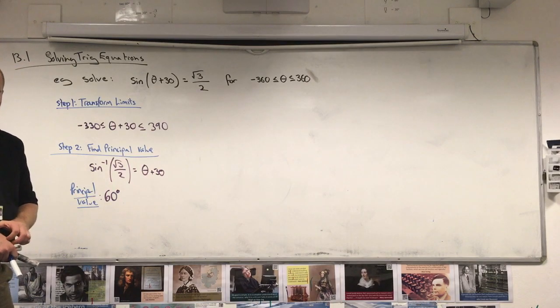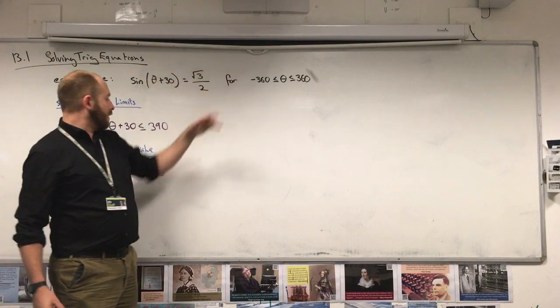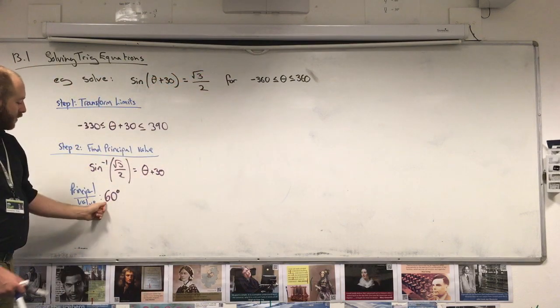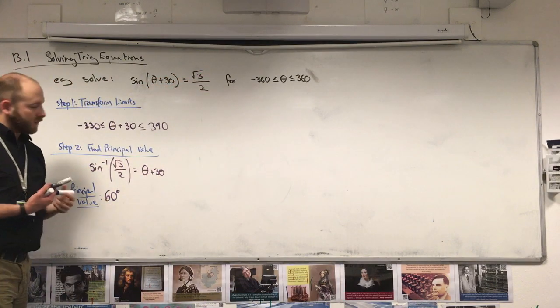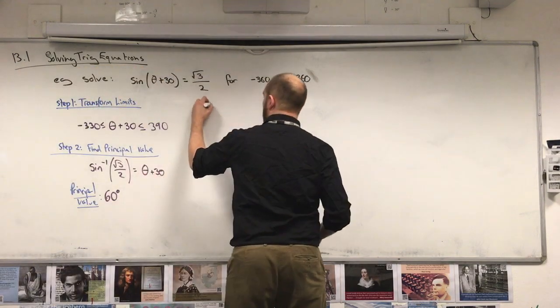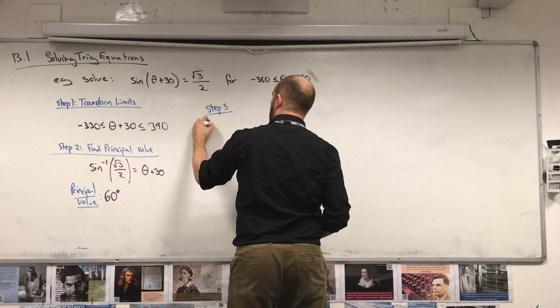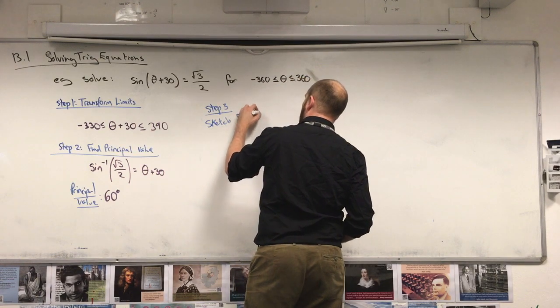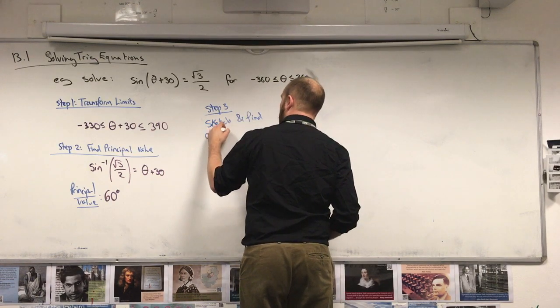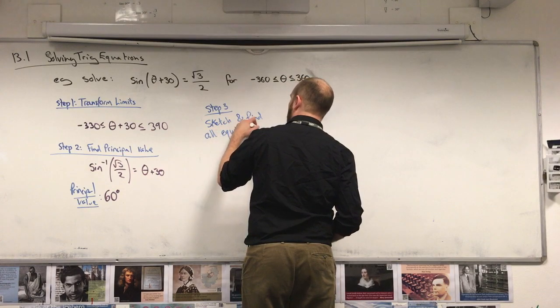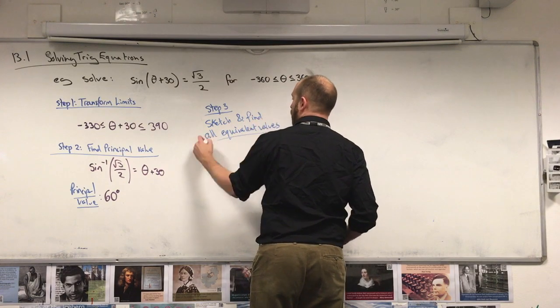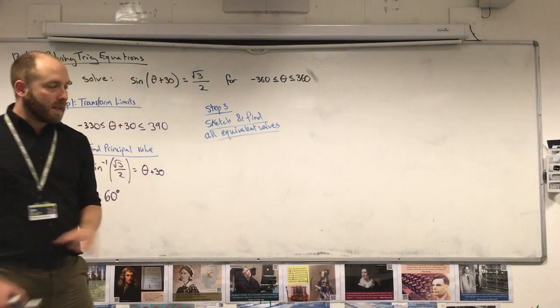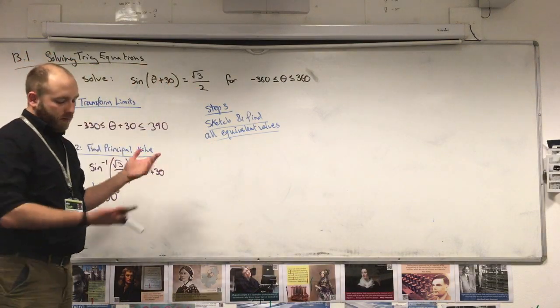So now we're going to sketch sine between these limits and find all the corresponding values to 60. So step 3, sketch and find. Right, so similar to what we were doing at the end of last week, finding equivalent trig values.